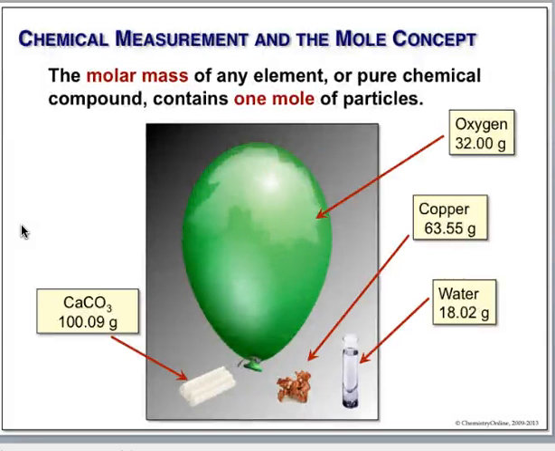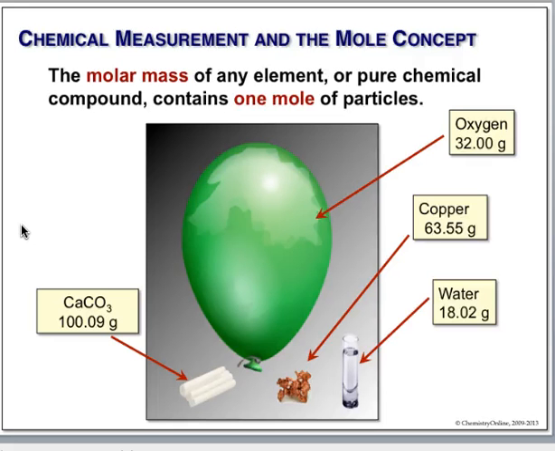Now, why is this going to be important to us? Well, because if we wanted to react 1 mole of copper with 1 mole of oxygen, we could do that by simply taking 63 grams of copper and reacting it with 18 grams of oxygen.